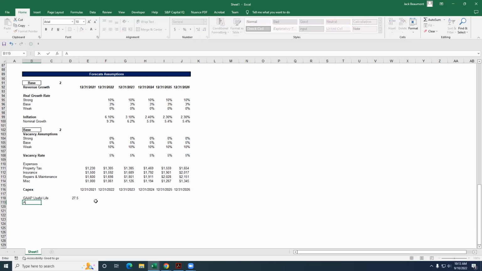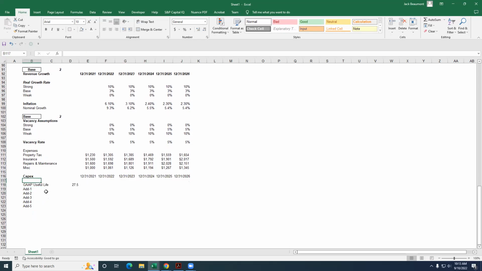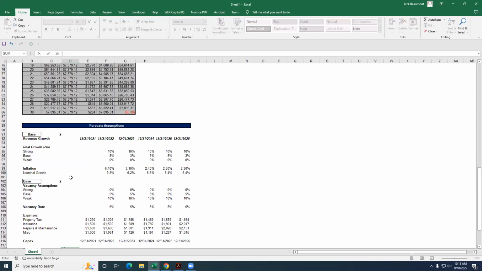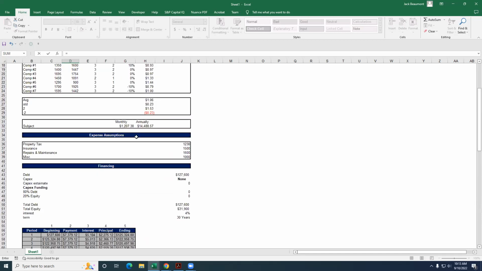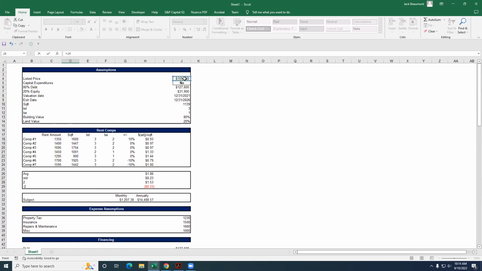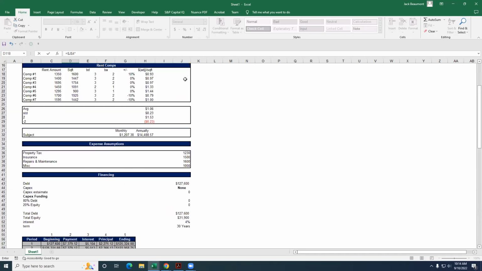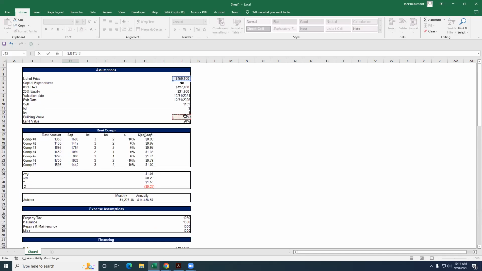And existing assets. Okay, so this one's going to equal this times this.